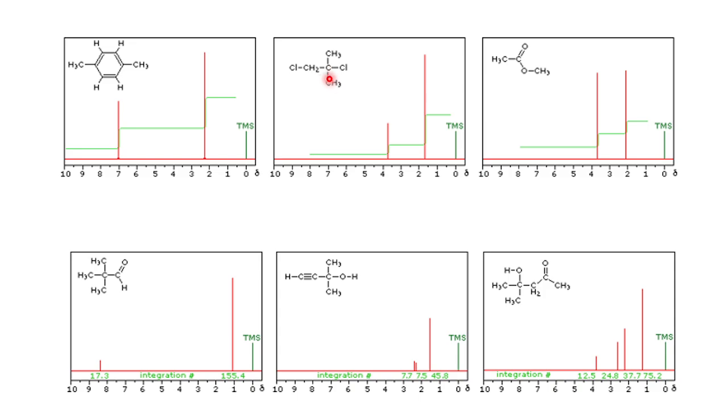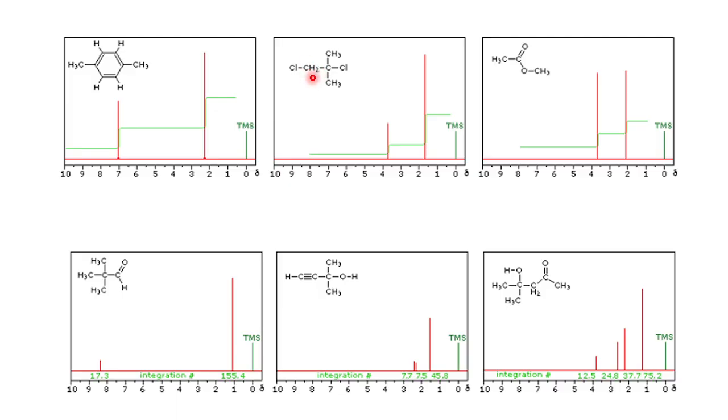Here is also the CH3 that is bonded with a carbon, and that carbon is bonded with chlorine. So obviously these 6 protons are more shielded as compared to these 2 protons. Why?